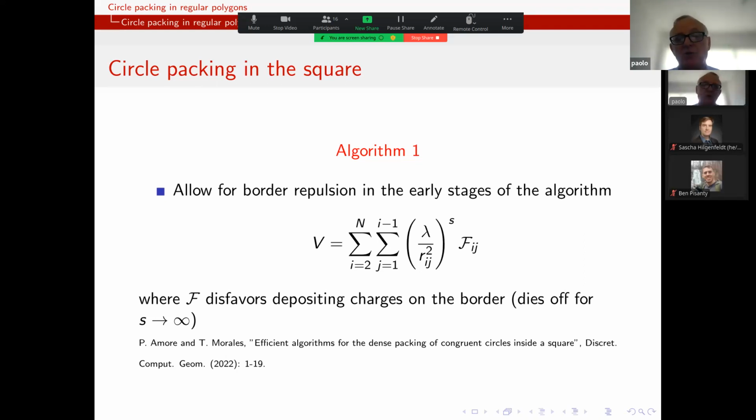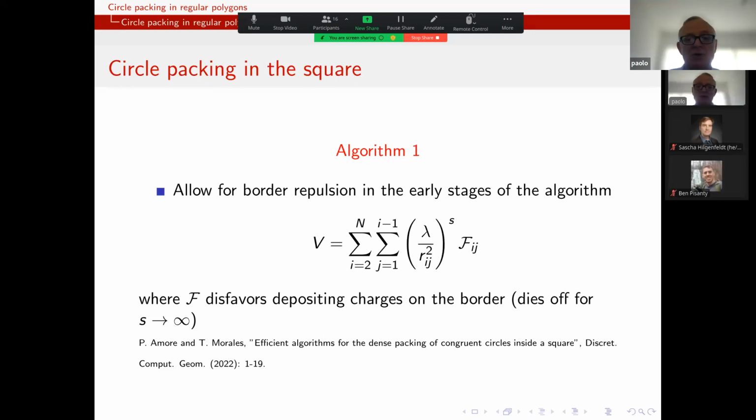The border behaves as a charge itself, and therefore it doesn't want too many disks or too many points to fall on the border at the very early stages. Later on, when the interaction becomes sufficiently short range, this is not anymore a problem.